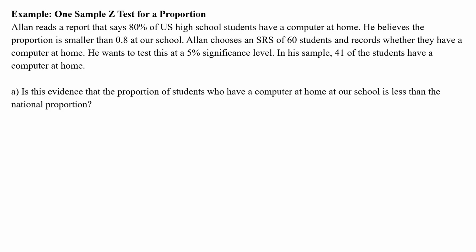He wants to test this at the 5% significance level. In his sample, 41 of the students have a computer at home. Is this evidence that the proportion of students who have a computer at home at our school is less than the national proportion? Beautiful problem.